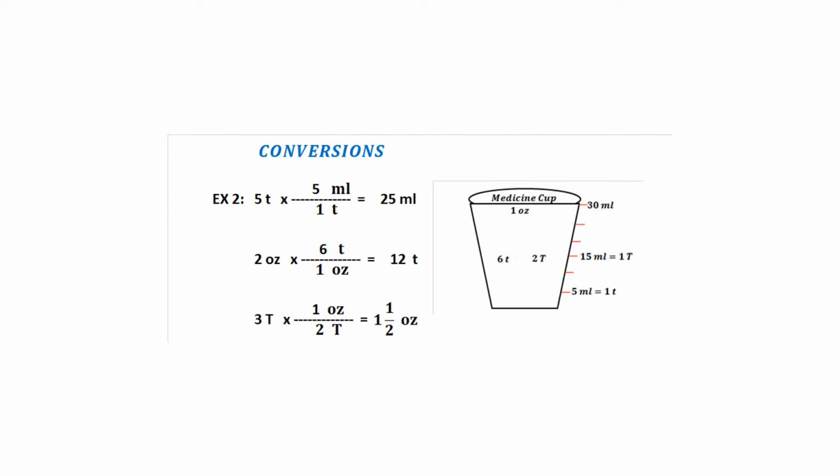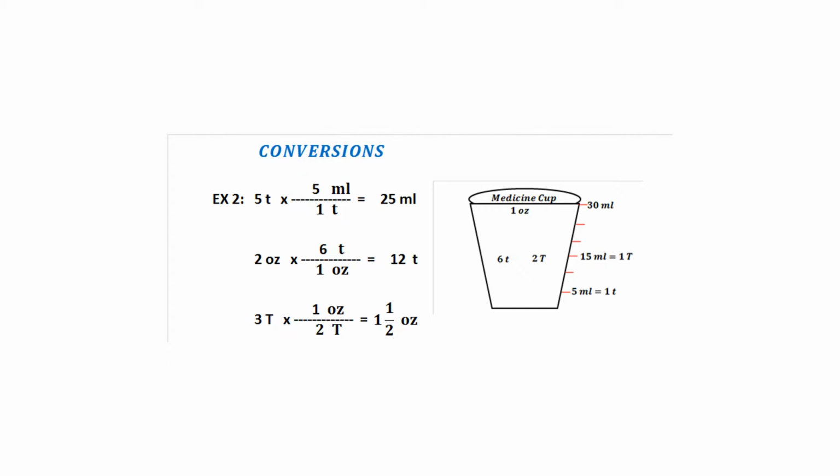Now we take 2 ounces is how many teaspoons? Teaspoon goes on top, ounce goes on the bottom. If we remember our medicine cup, 6 teaspoons is 1 ounce, so 2 times 6 is 12 teaspoons. Then we take 3 tablespoons. How many ounces? Well, we look at our medicine cup.